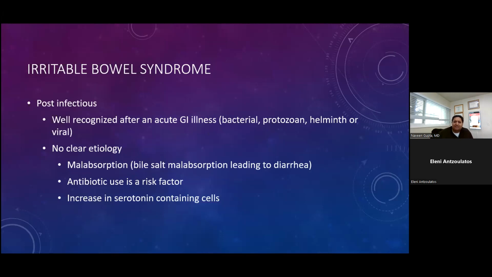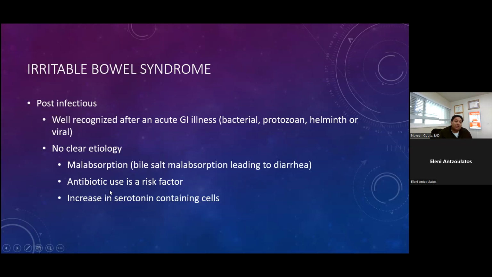Your GI tract isn't functioning right. This is called post-infectious irritable bowel syndrome. We don't know exactly why it happens, but we think a lot of it has to do with some degree of malabsorption, meaning the gut has been injured from the infection, and in the injury, it just hasn't recovered its normal function yet. Or perhaps even the antibiotic use.